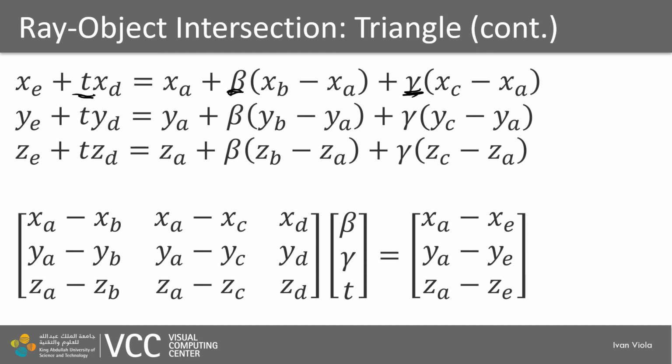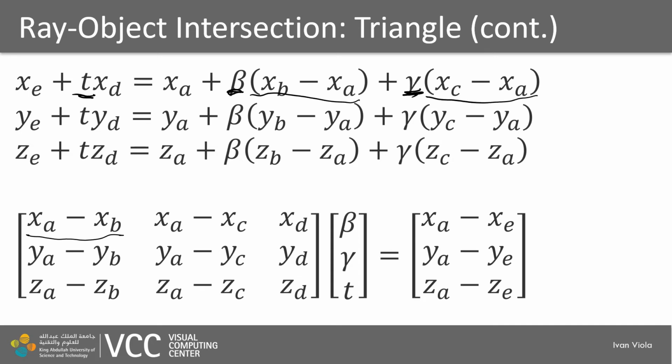So here you can see that we have reformulated this linear equation system into a matrix formulation where we have now put the terms associated with beta to the left-hand side and also with gamma. Therefore, by subtracting from the right-hand side, xb minus xa has now turned into xa minus xb here, for example, from the first expression, and the same holds for the gamma.